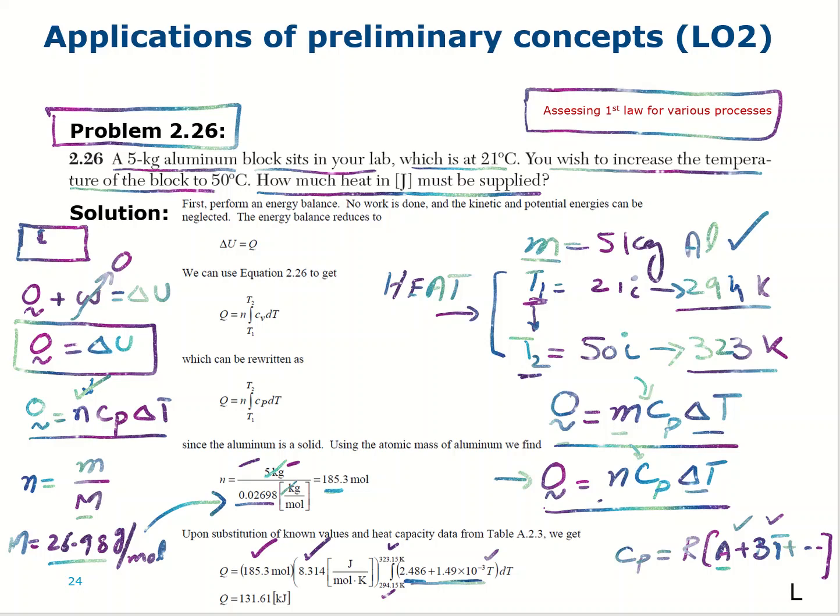For aluminium, remember, do not look for aluminium liquid. It's aluminium solid. So please look for A, B, and C for aluminium solid. Then you will get A and B, and after solving this, you will get this amount of heat in kilojoules. In other words, we need this much heat to raise the temperature of this 5 kilogram aluminium from T1 to T2, which is 21 degrees Celsius to 50 degrees Celsius.